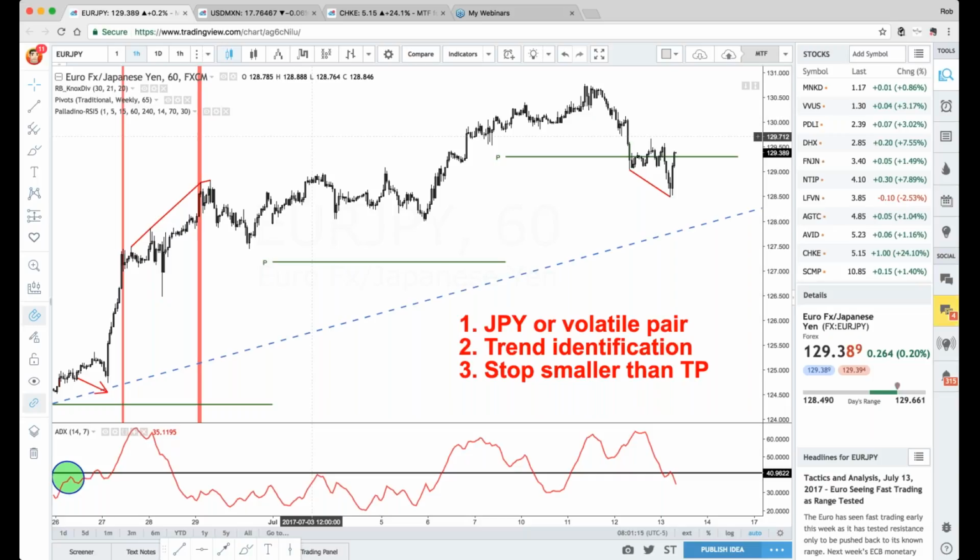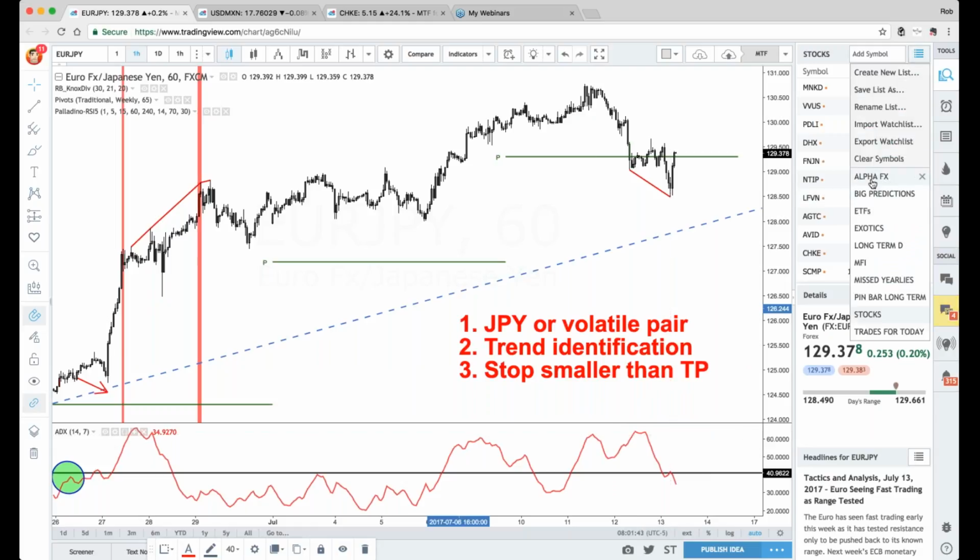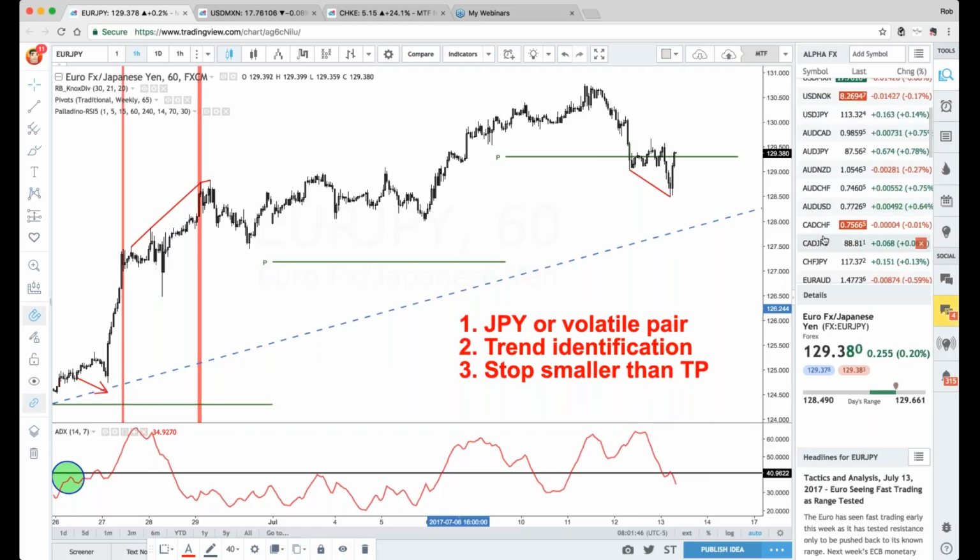I'm very excited to be here with you today. Wes is on his way in here, and I'm really excited to talk today about the settings that I think work the best on this T6 robot. As you know, we've been trading this trend trading robot on and off inside of this daily webinar, and that makes me super excited. I had a trade yesterday on the Canadian dollar, Japanese yen, that was pretty spectacular, and most of you were around to watch that.